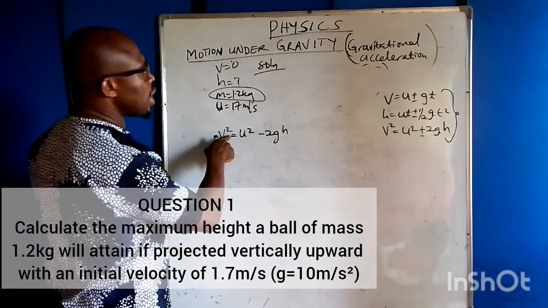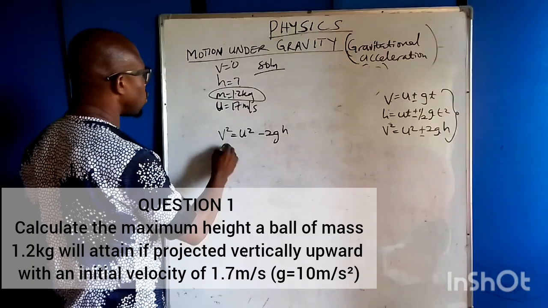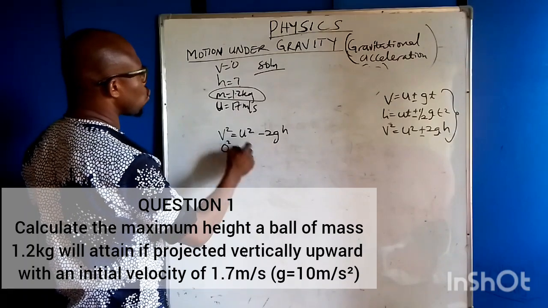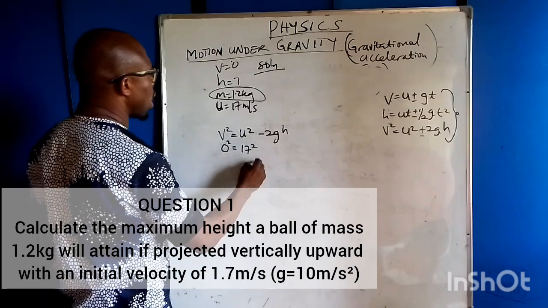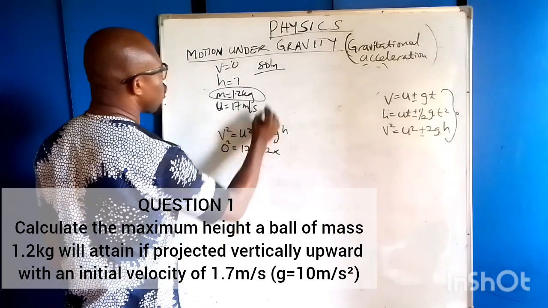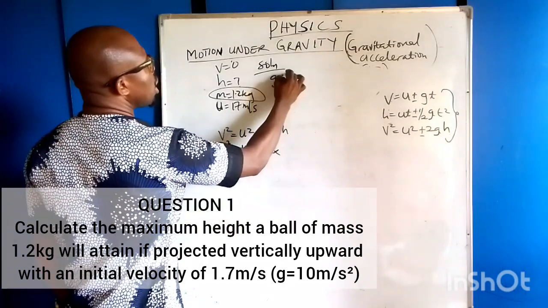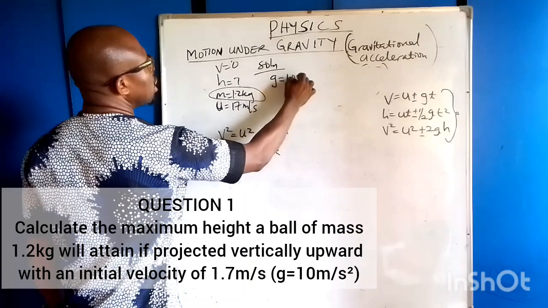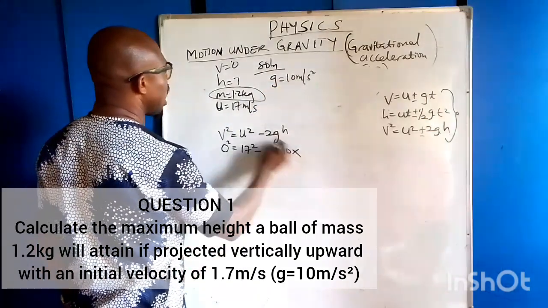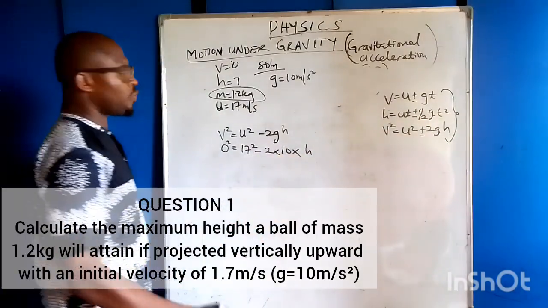And because v squared is 0, 0 squared is equal to u squared, 17 squared, minus 2 times g. Of course, please, g is 10 meters per second squared. So we have times 10 times h, which is what we're looking for.